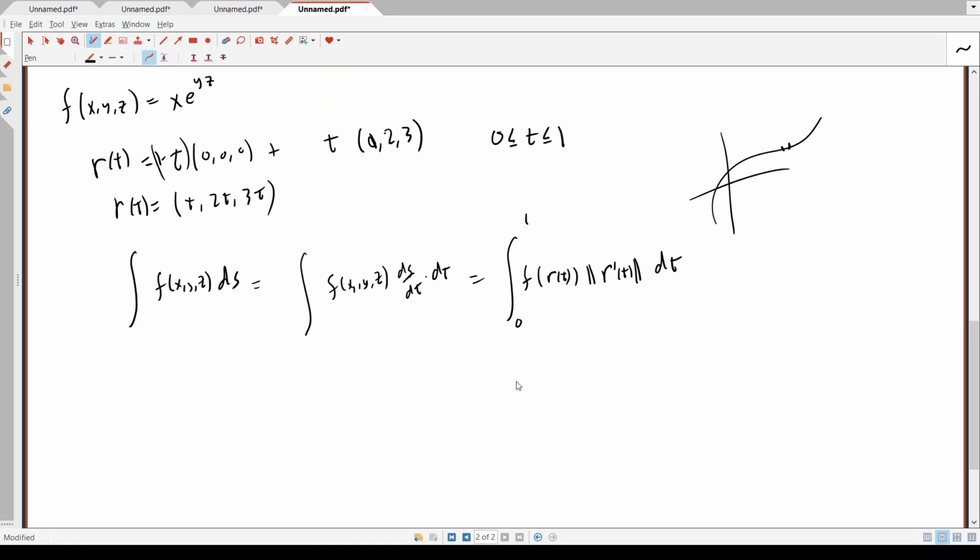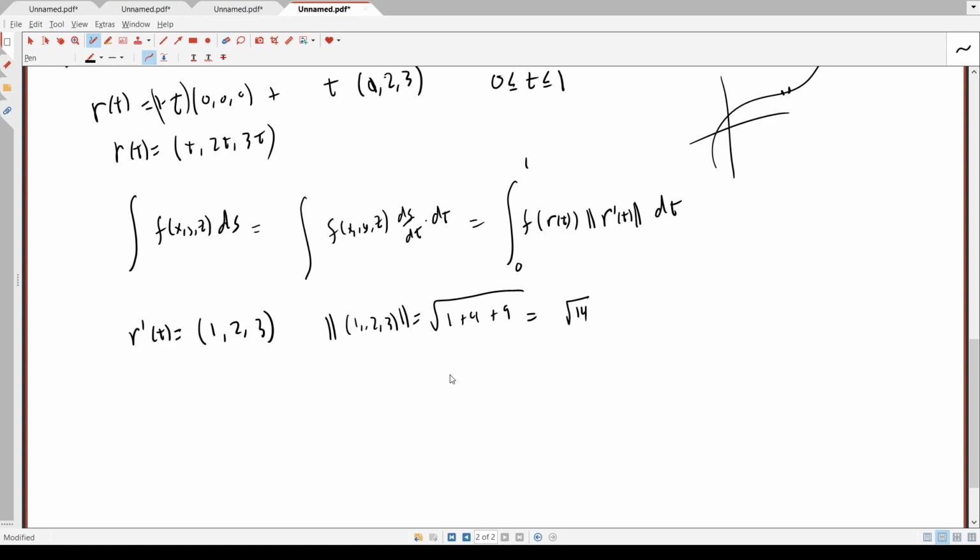So let's go ahead and plug these in. So I need to find the norm of r prime of t. So r prime is 1, 2, 3. And the norm of that is square root of 1 plus 4 plus 9, which is square root of 14. Okay, and then I need to integrate this function.